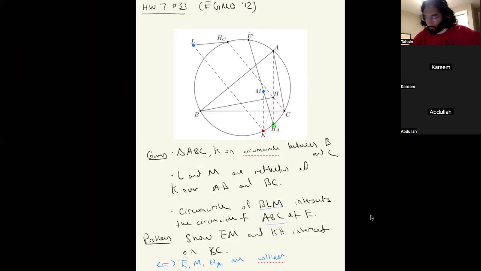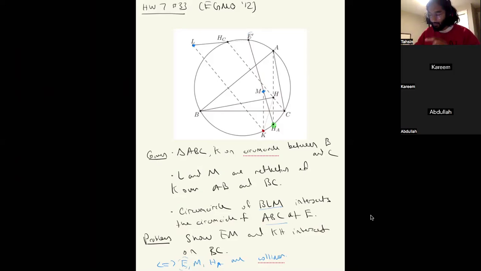Which point? What we're trying to show is equivalent to showing that E, M, and H_A are collinear. Does it make sense what I'm saying? I don't get how they would be collinear. No, I haven't shown that they're collinear.